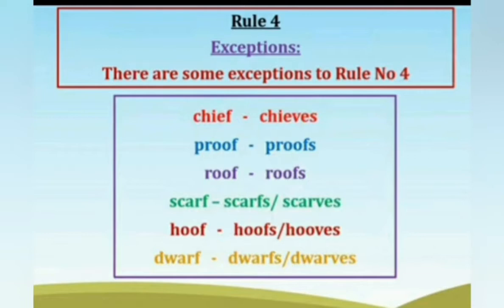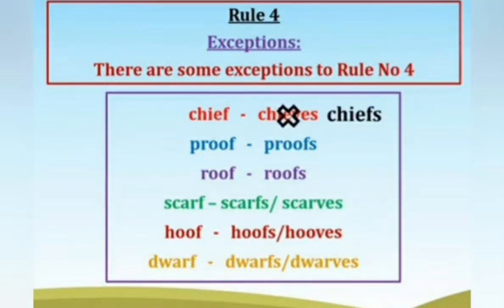First word is chief. Chief ends with F. But if we remove F and add VES, it's wrong. So we have to add only S here. Next word is proof. And the plural of proof is proofs. Roof, roofs. Next word is scarf.